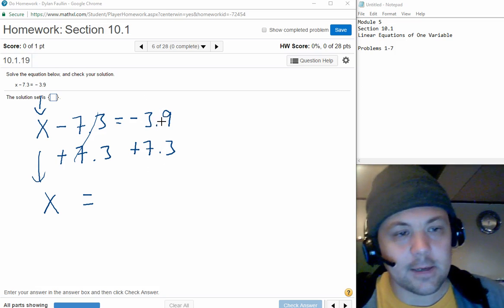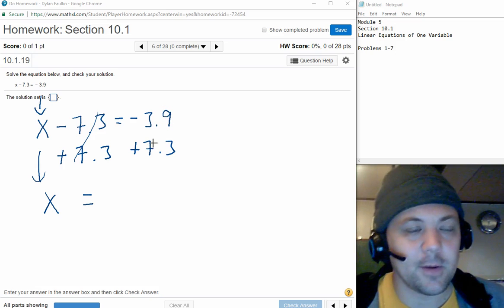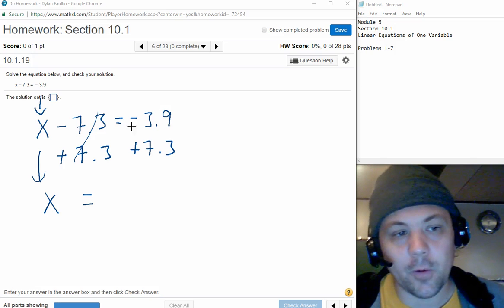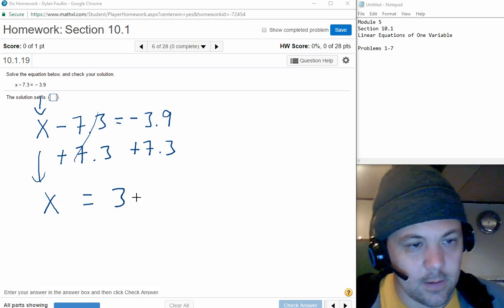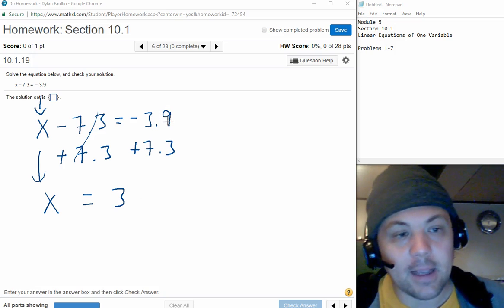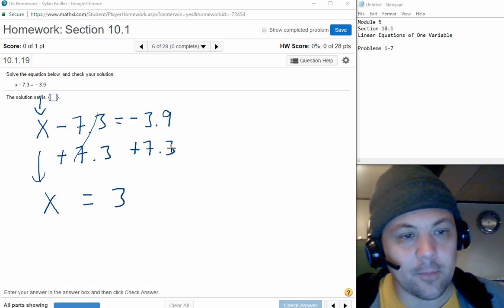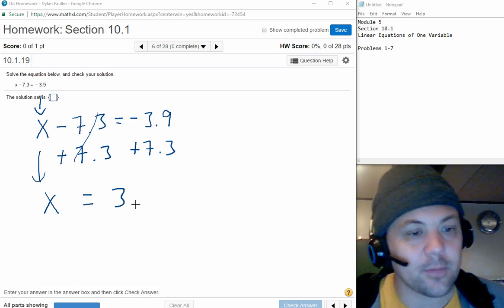Now, I don't have a calculator on me, and I'm not the best at doing arithmetic in my head, but what I'm going to do here is just think of this as negative 4. I know 7 minus 4 would be 3, but I was 0.1 off from 4, so to make up that difference, I will add that 0.1 to this, and so it'll be 0.4 instead of 0.3.